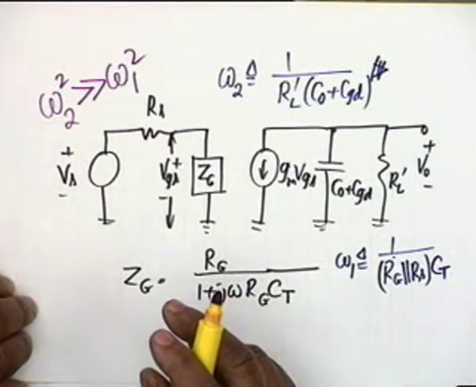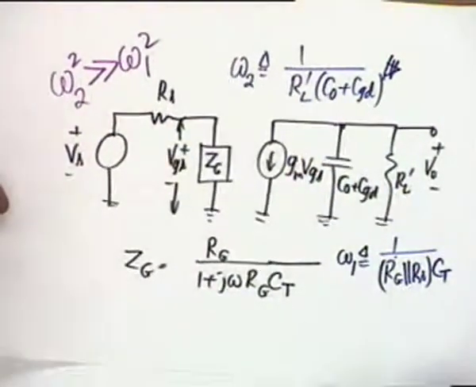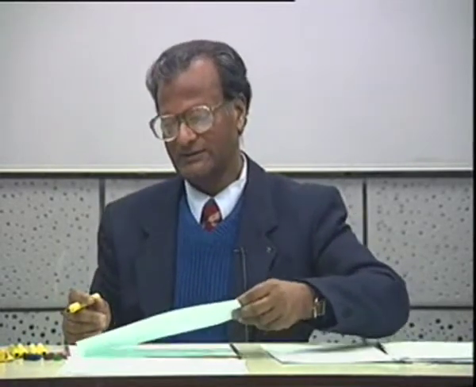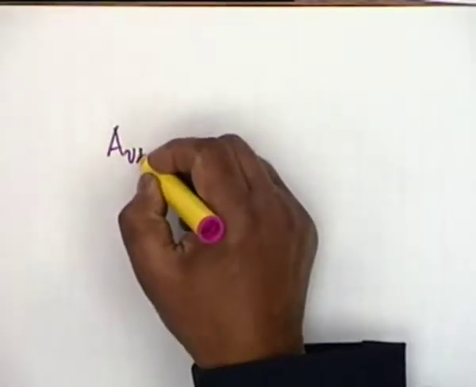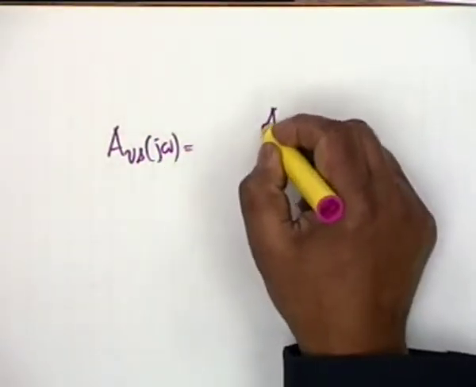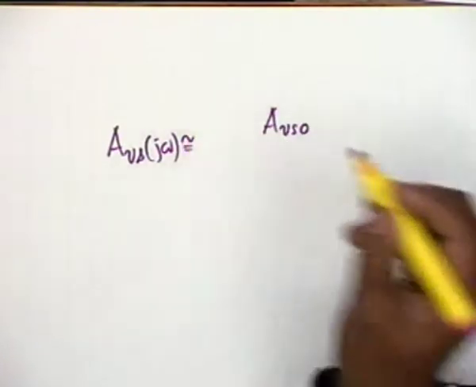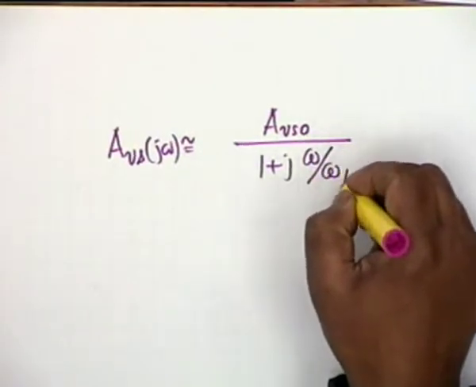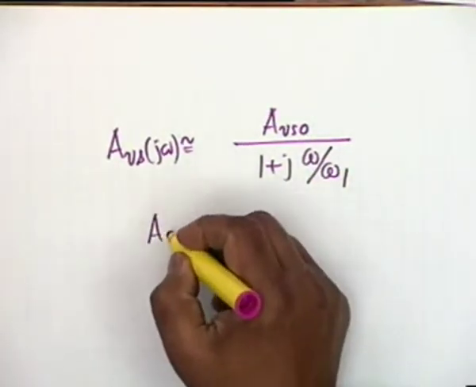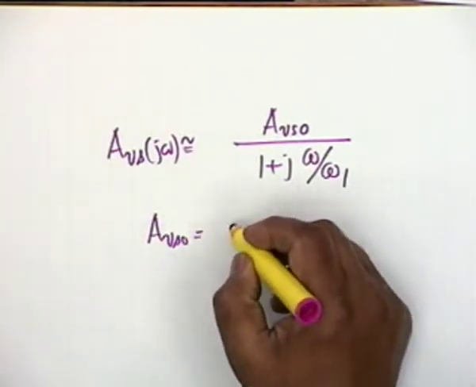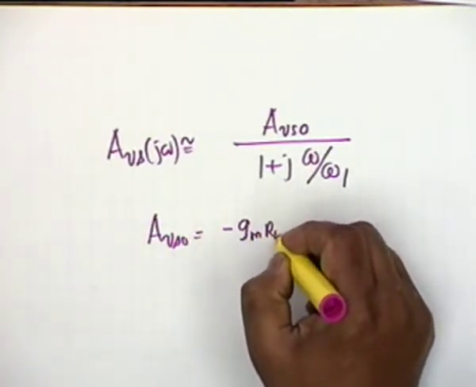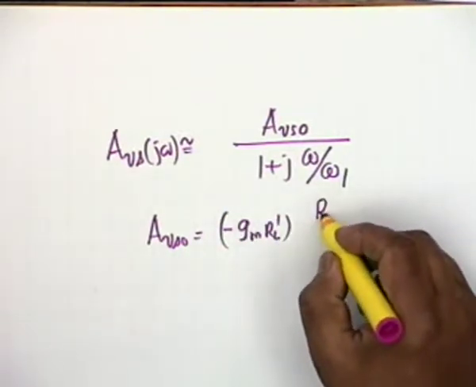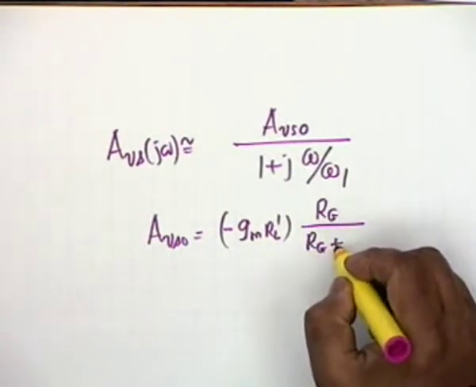So that our gain expression AVS of j omega would be given by AVS 0 approximately divided by 1 plus j omega by omega 1, where AVS 0, tell me what the value is, minus GM RL prime multiplied by Rg divided by Rg plus Rs.